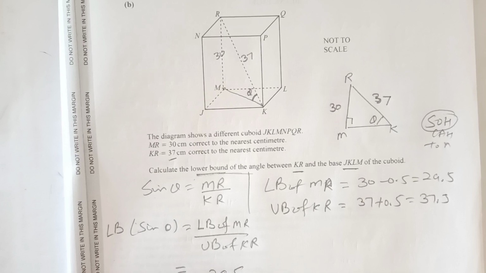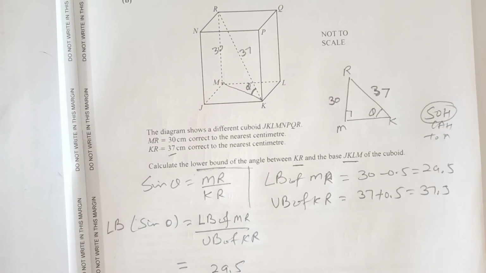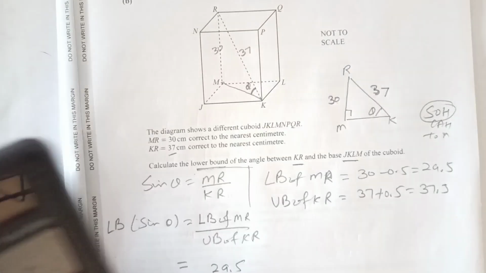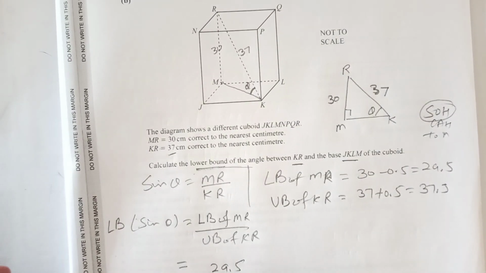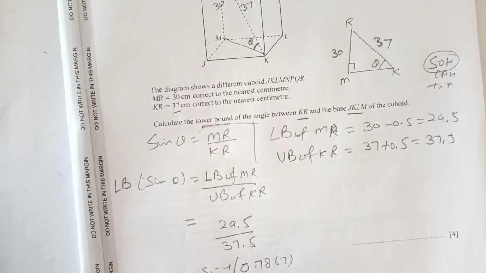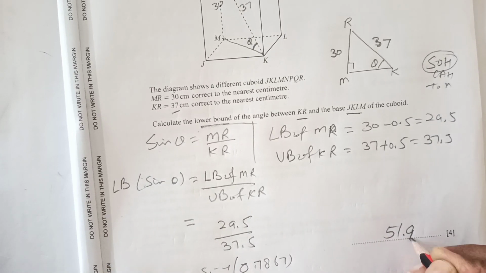So theta is equal to sine inverse of 29.5 divided by 37.5, which is 0.7867. When you find the inverse, this is 51.9. So that's the final answer.